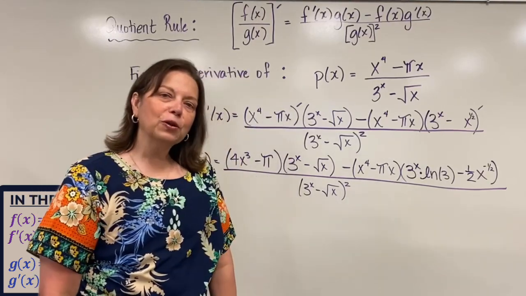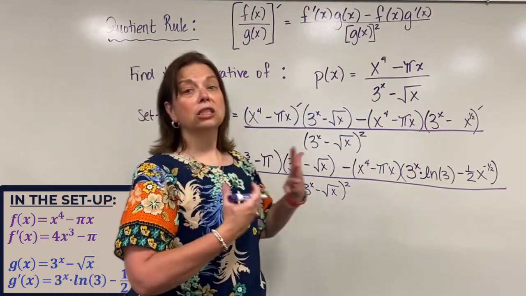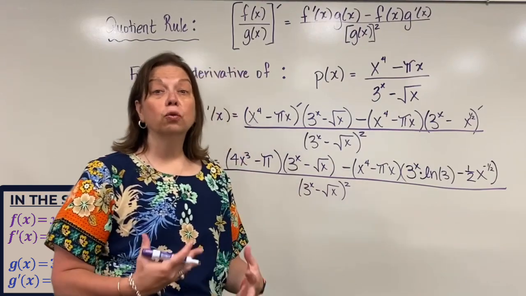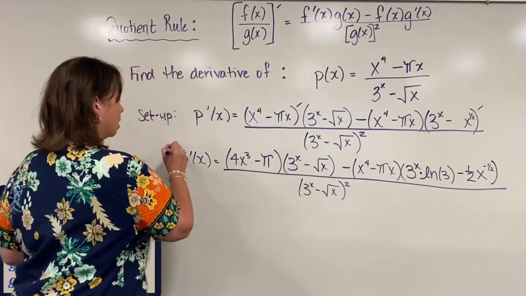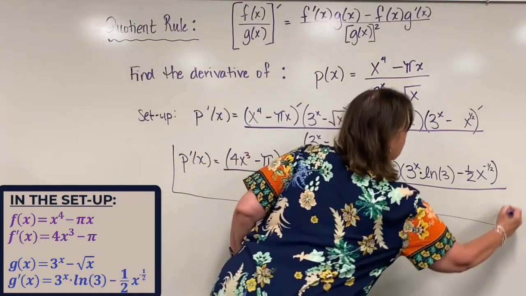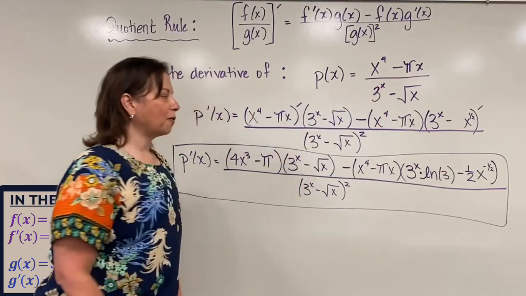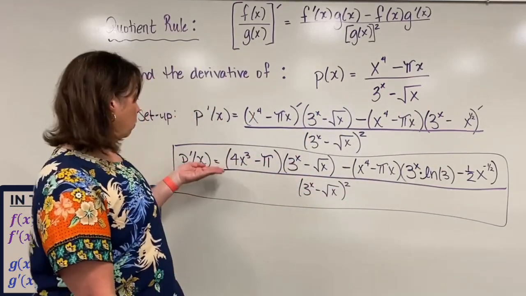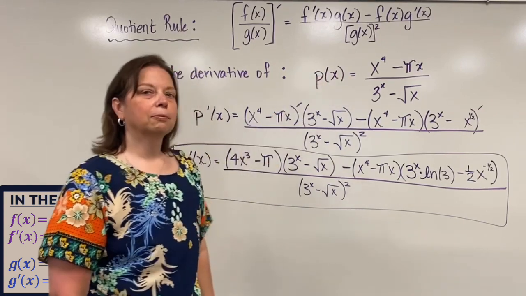Yes, we can probably do a little bit of simplification, but the purpose of this video is really to just showcase how to find the derivative using, in this case, the quotient rule. So we are done with all of that. So I'm going to box this and say, this crazy function that we have right here is in fact the derivative function of our function p of x that we started with.